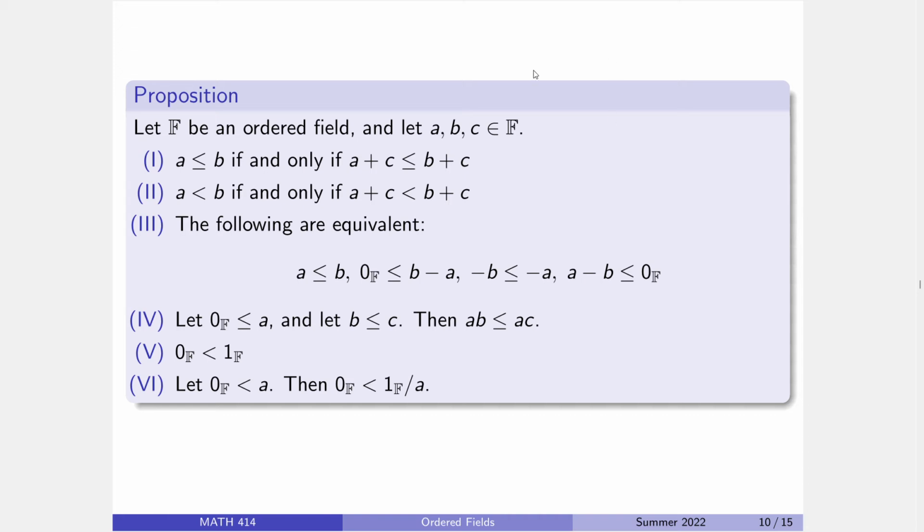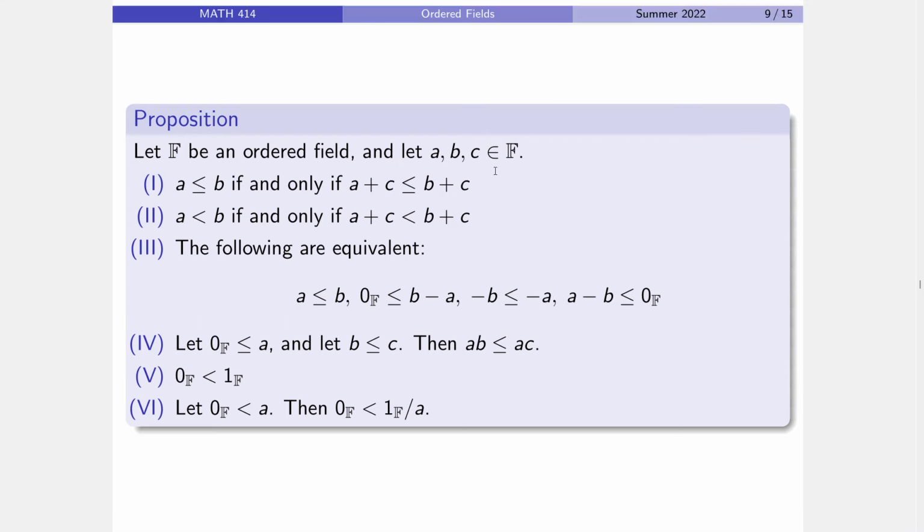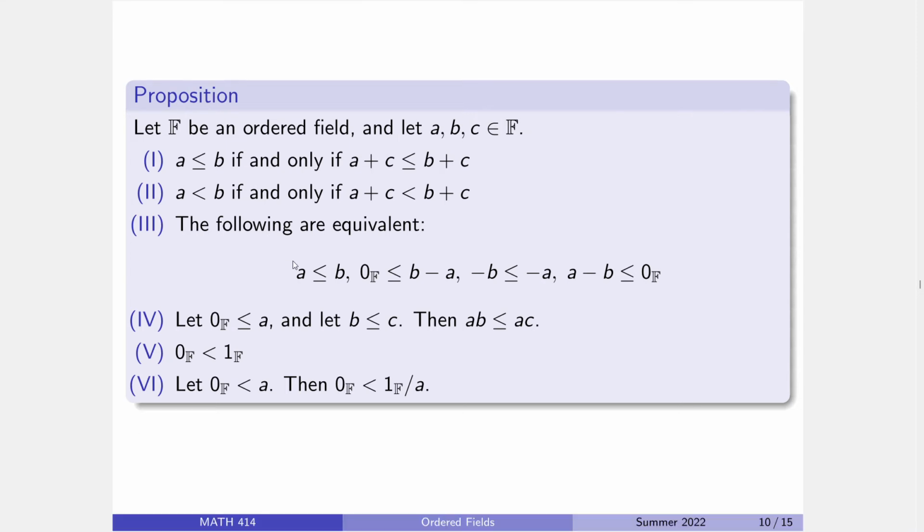Alright, so the first two things are basically saying that adding over inequalities works the way you want it to. The next one reveals that when you negate an inequality, you flip the order. And then we'll prove that 0 needs to be strictly less than 1, and if you've got something strictly bigger than 0, then it's not equal to 0, so it's got a multiplicative inverse, and its multiplicative inverse remains positive.